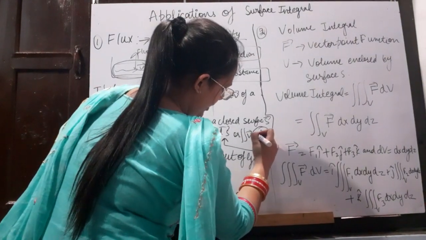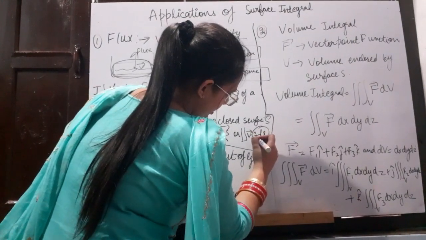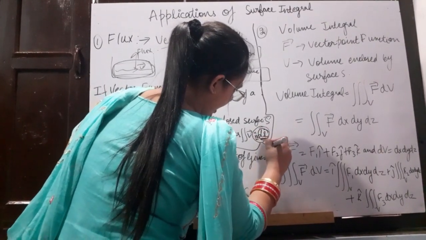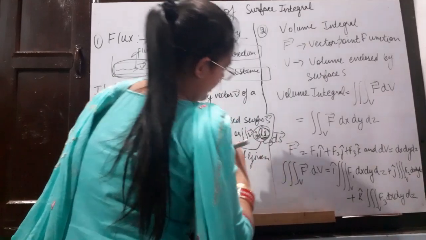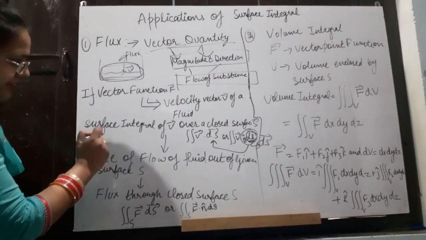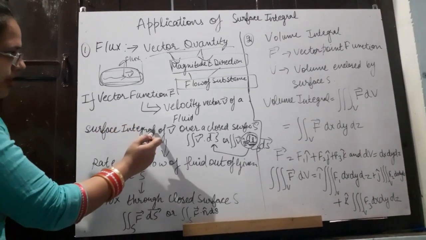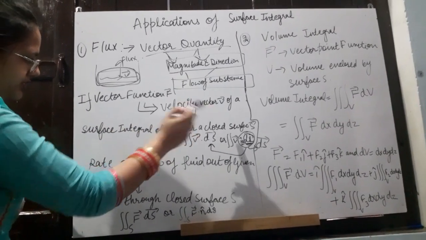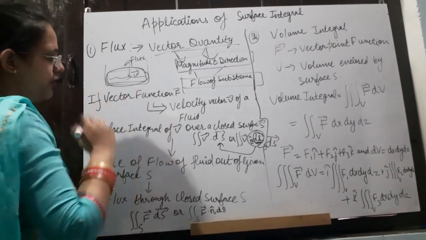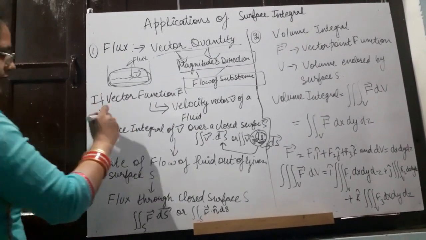When we multiply the normal component with the small element ds, we get ds vector. So when we find the surface integral of the velocity vector over a closed surface, we get the rate of flow of fluid.